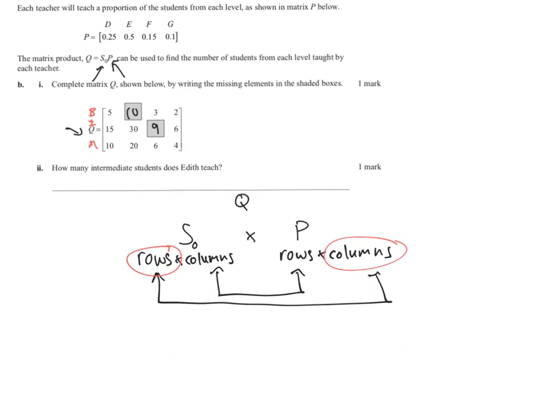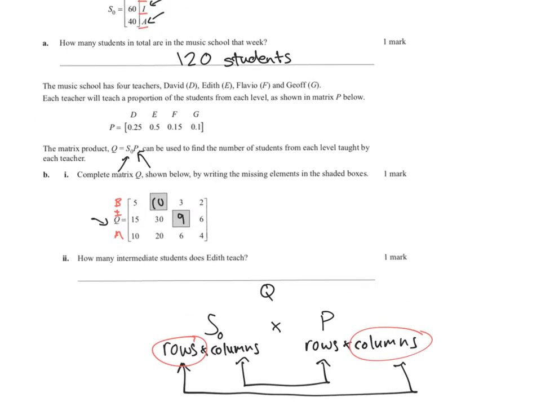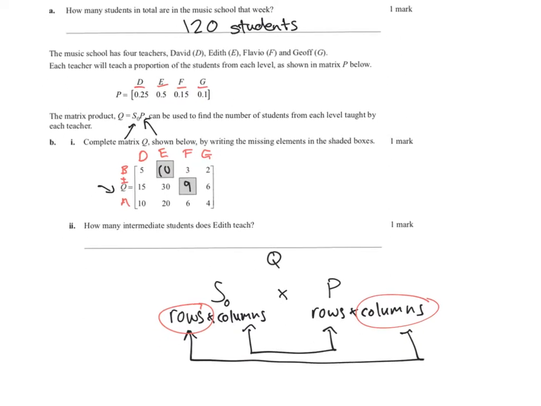The columns of Q are going to match the columns of P. In matrix P, we had all of our music teachers, so that's going to match up here: D, E, F, and G. That's just a handy little hint if you're trying to work out what the elements mean.